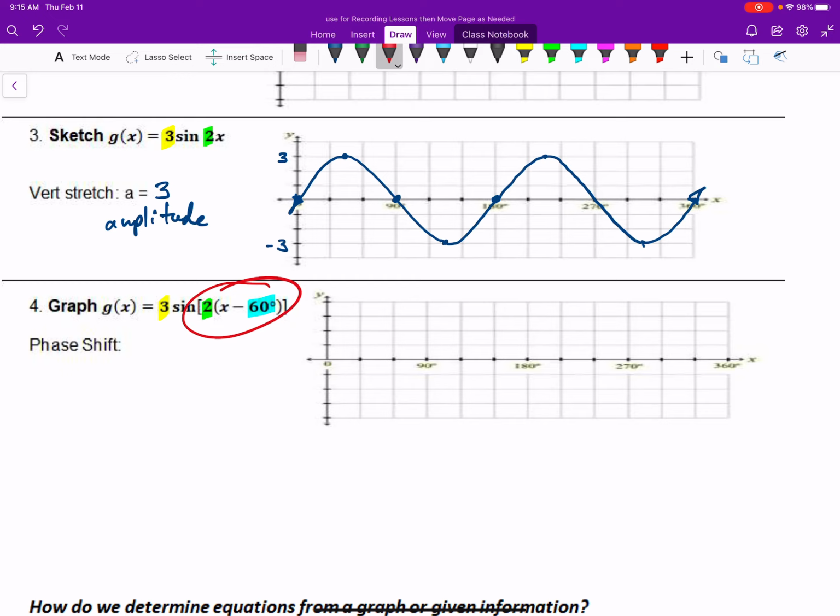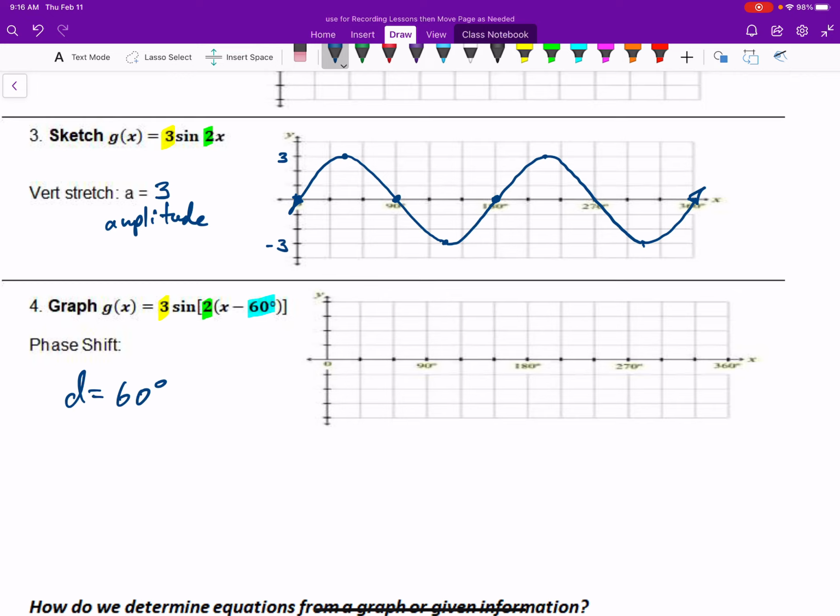In order to be a c value, it would have to be outside the brackets after we've done the sine. So this is a d value, and we need to have it in factored form. Notice it says 2 bracket x minus 60 degrees bracket. So that is definitely a d value, in the proper form, and we can see that d equals 60 degrees. Remember, we change the sign when we take it out.